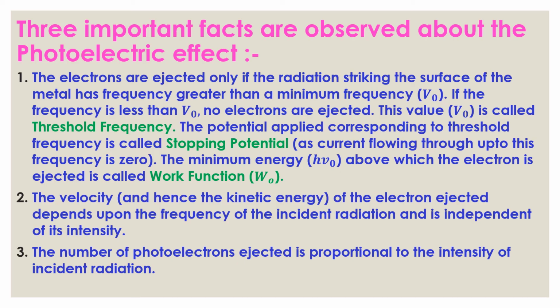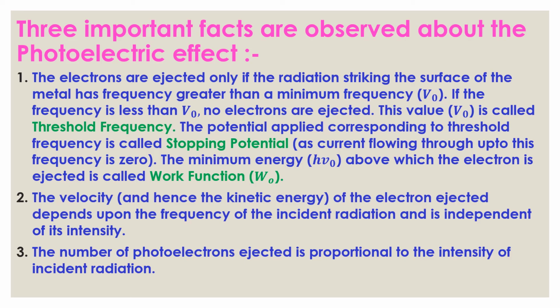Work function is the minimum energy above which the electron is ejected, and it is denoted as W naught. There are various values for a few metals, like work function for potassium is 2.25 and for sodium it is 2.30 electron volts. The unit for writing work function is electron volts, and these values will be given to you in the question.